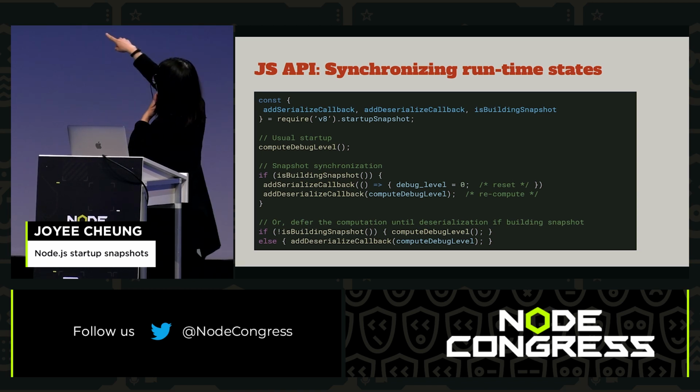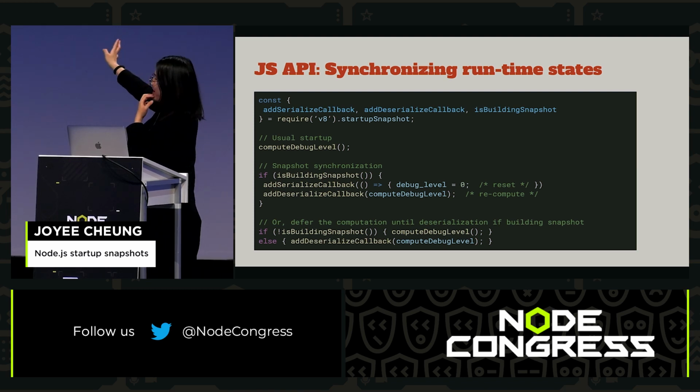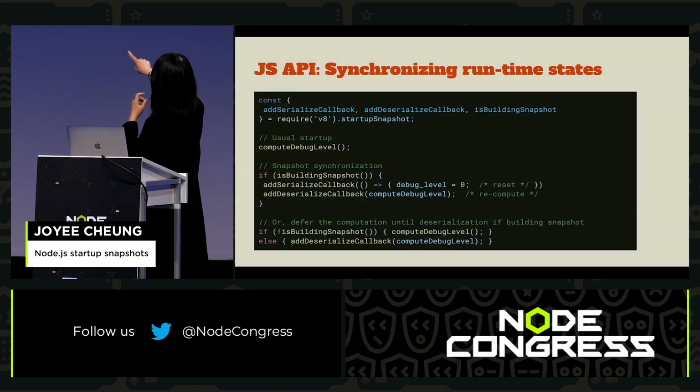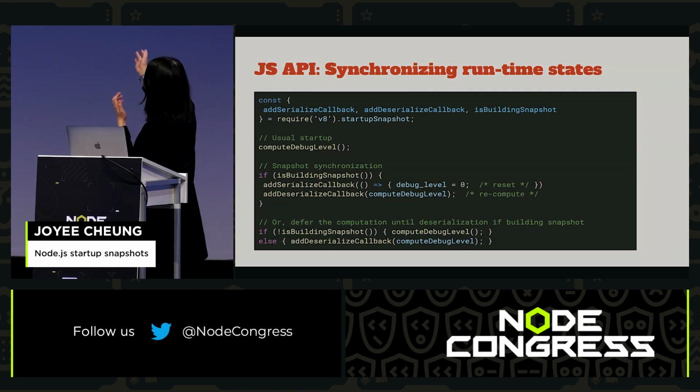So in the startup snapshot script, you can add a few callbacks. First will be a callback that can be called during the serialization process to reset that debug level. And then you add another deserialize callback that can reset the debug level according to the environment variable configured at runtime.